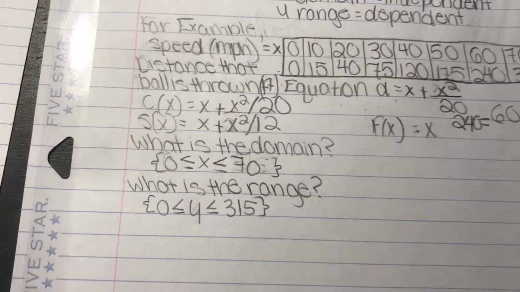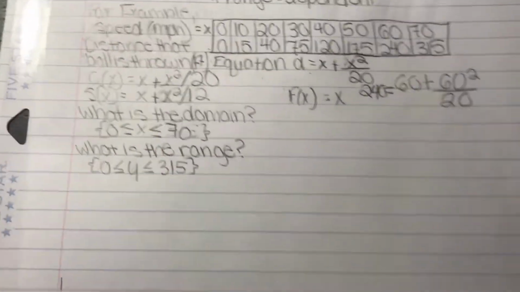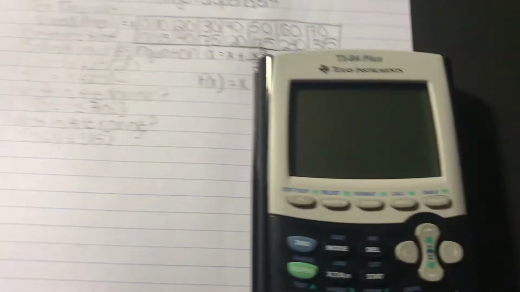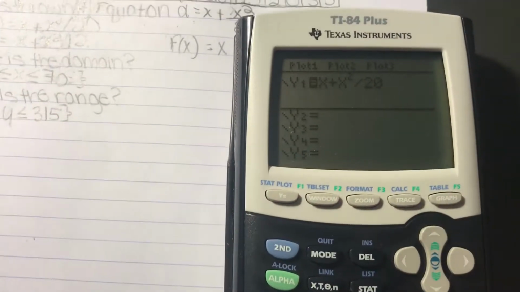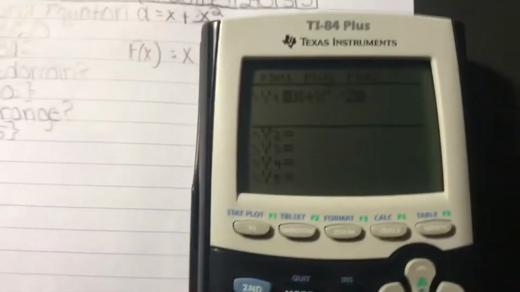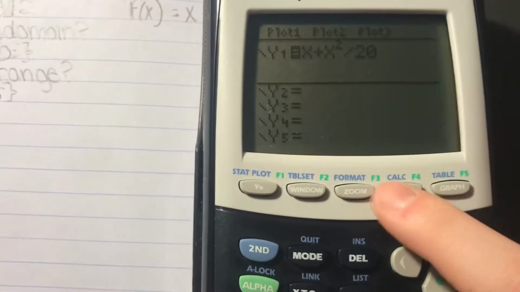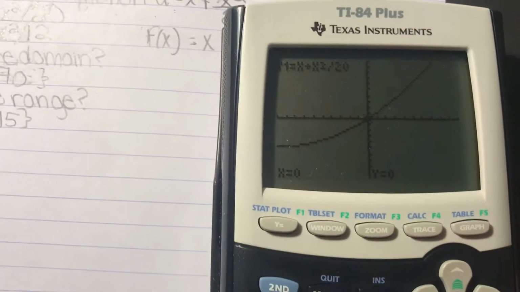You can also plug this into your calculator. You would hit y equals, plug in your equation, where y1 would be your distance. And then if you hit trace, there you have it.